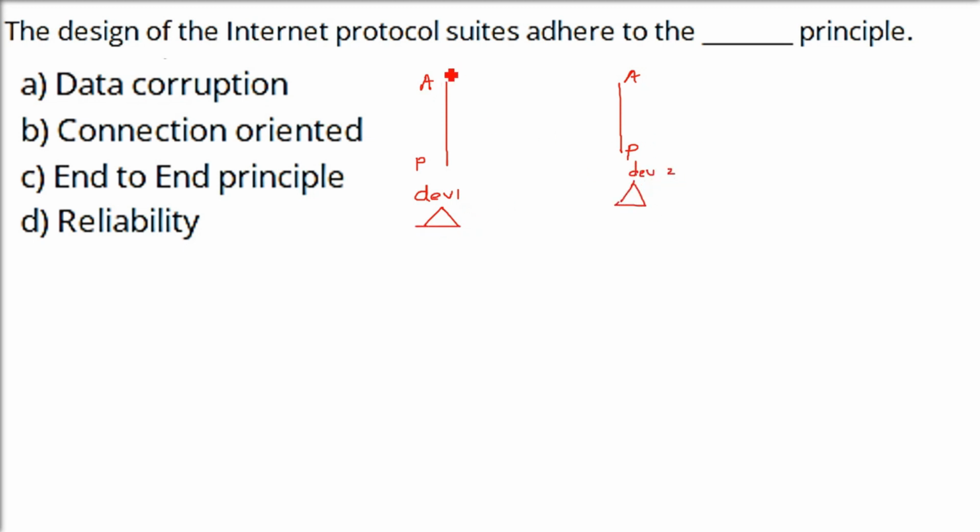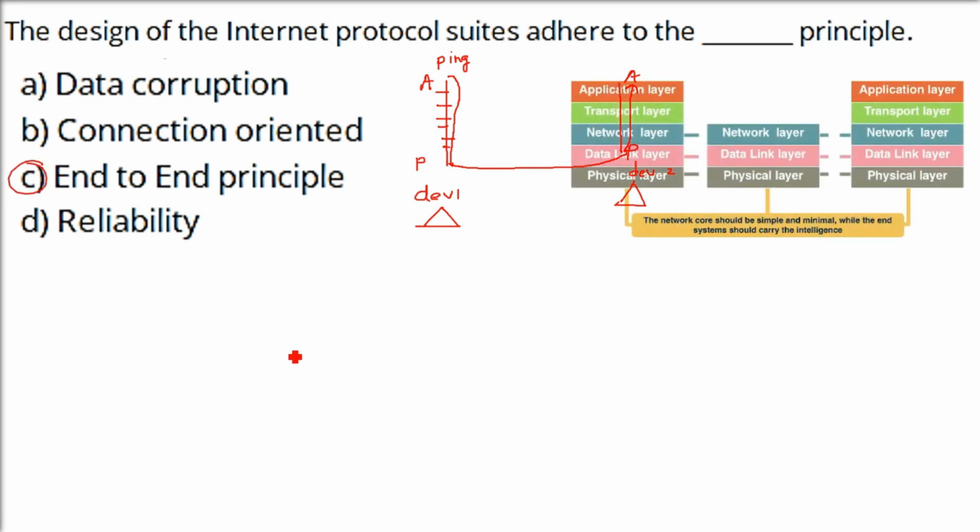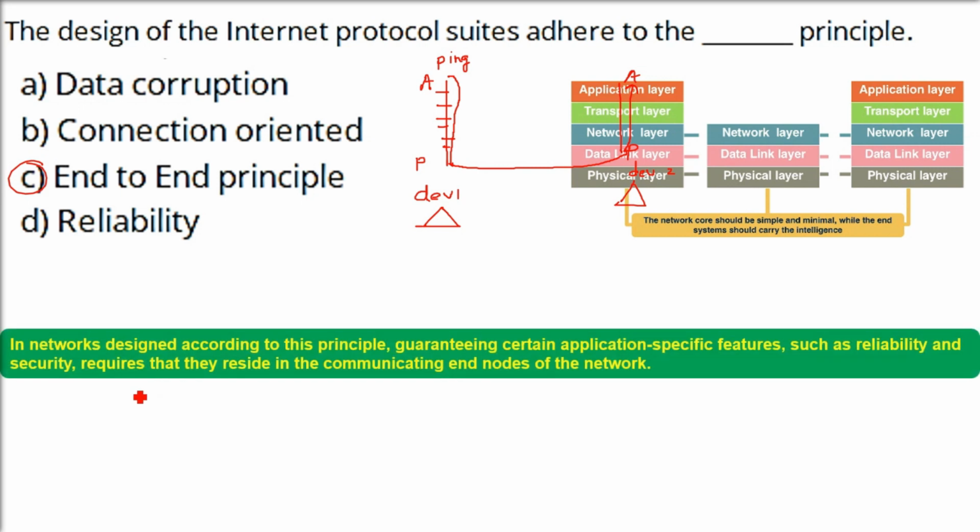The packet starting from the application layer of one device has to go through all the different layers: application, presentation, session, transport, network, then DLL, and then physical. So it has to go from top to bottom and then back from bottom to top at the other device. Until they both send and receive the packet, things are not done. That is why we call it the end-to-end principle. I hope you got the idea.